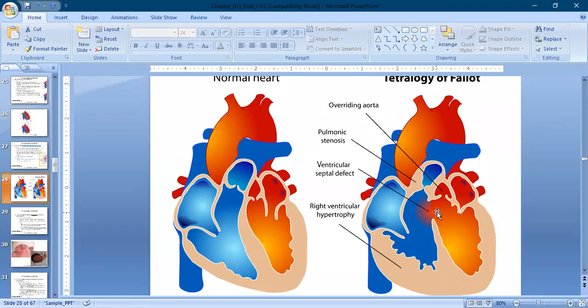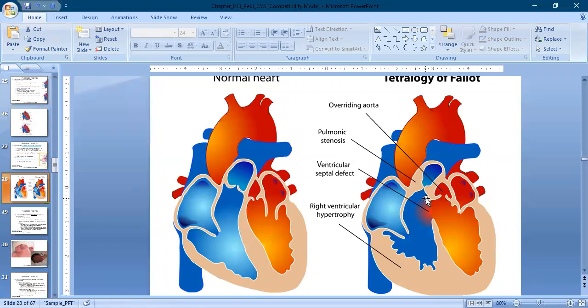Normally, this is the pulmonary trunk. Sometimes the pulmonary trunk is too narrow like this, and this is called pulmonary stenosis. If there is pulmonary stenosis, blood will not go normally, right? Because of the narrowing.